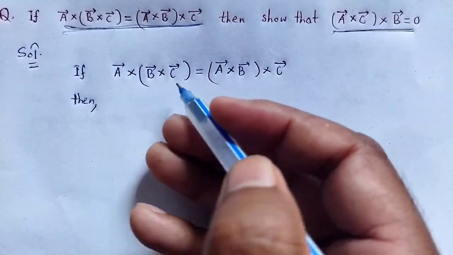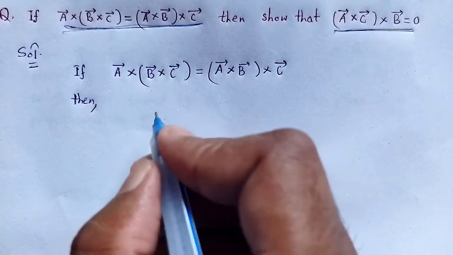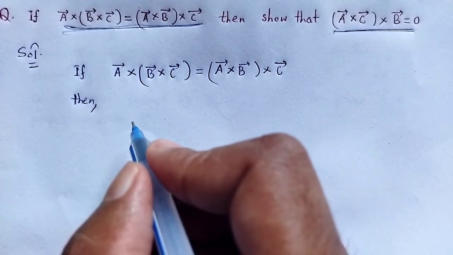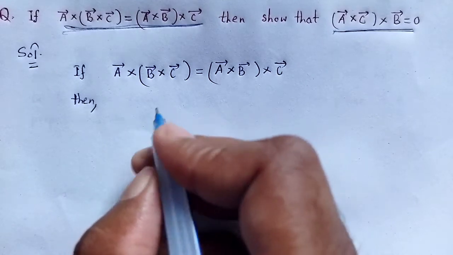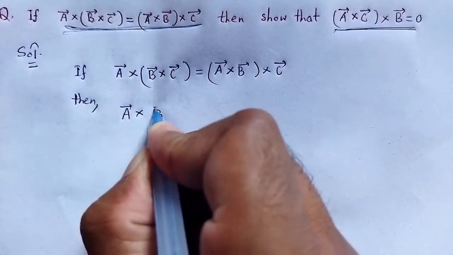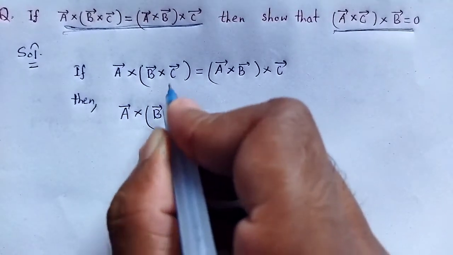I can write, or the memorization concept of the vector triple product, A cross B cross C, this is as usual.